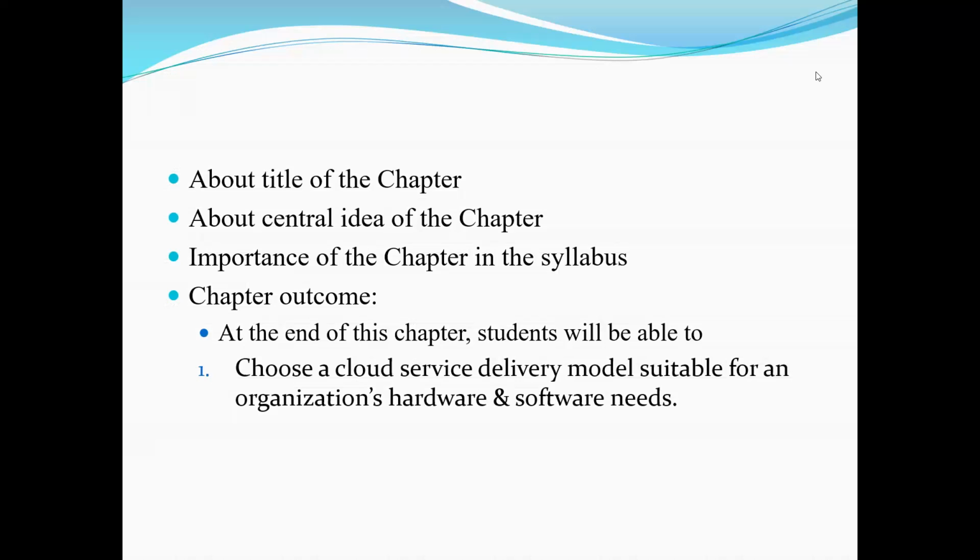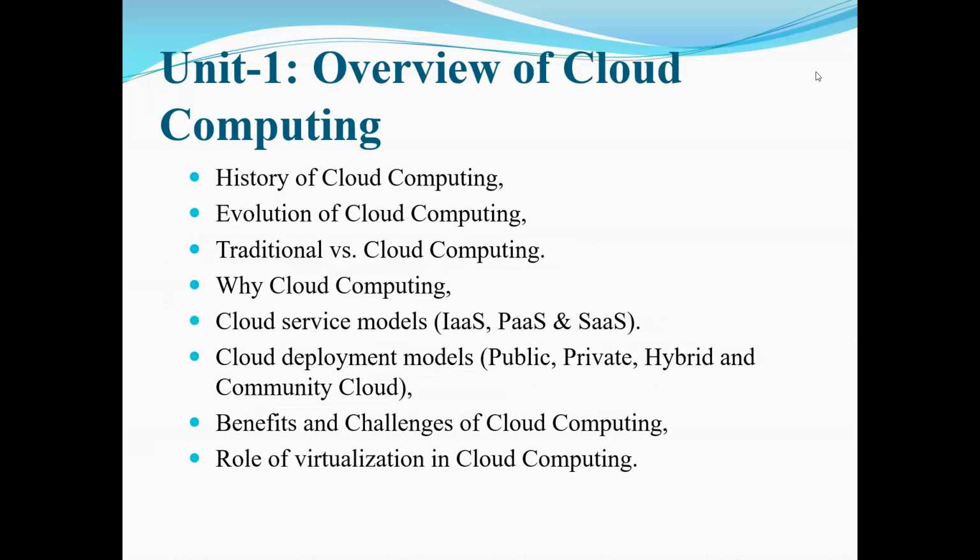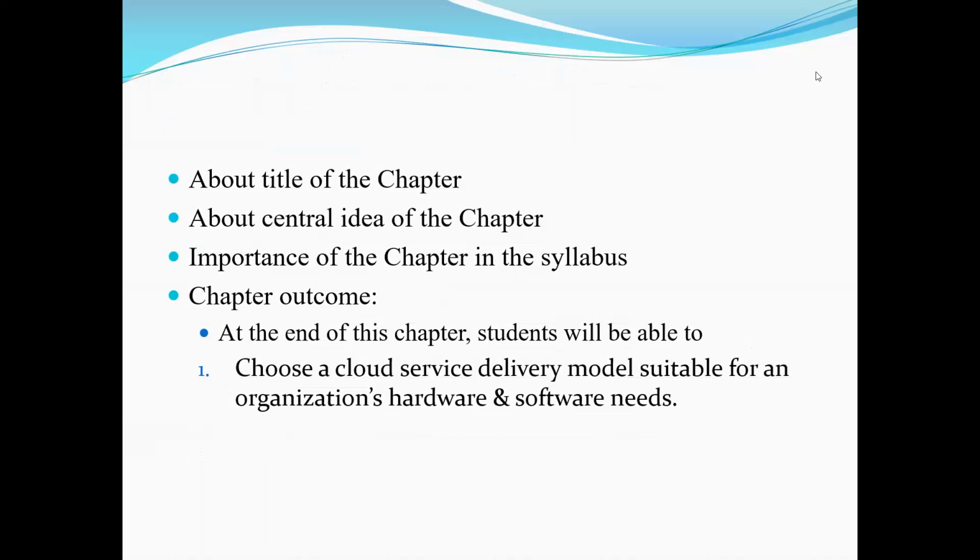Here we are going to cover the different deployment models and service models, and a brief history and idea about them. That's why we will try to achieve our first chapter outcome.